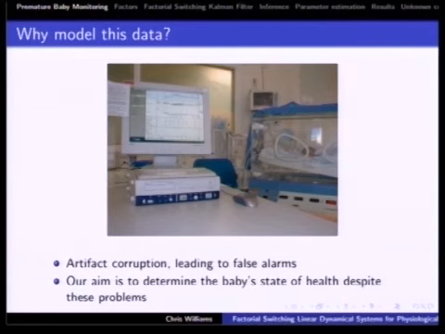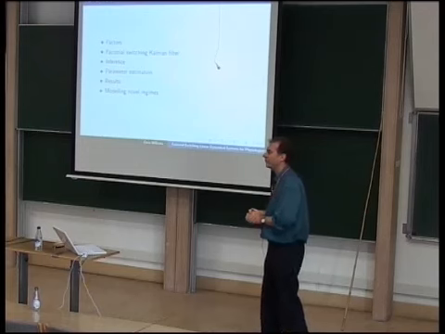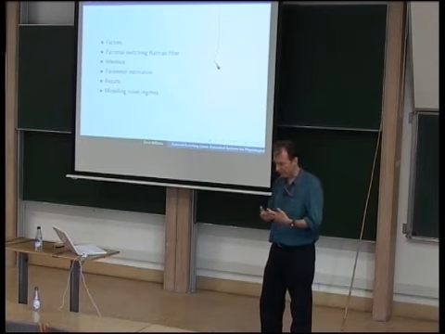Given that, we're going to do inference, and our inference is going to be fairly standard. We're not going to do anything particularly fancy. We also need to talk a bit about parameter estimation in this model, and I'll show you some results. The first part I'm going to talk about covers the idea that we might have some known set of factors that cause these problems, but in reality the none-of-the-above category can happen.